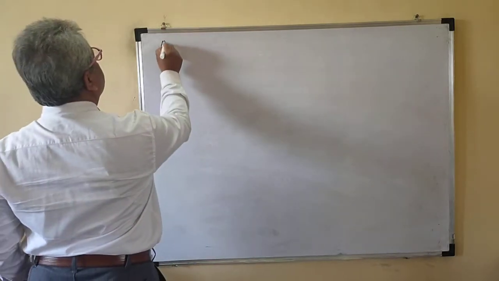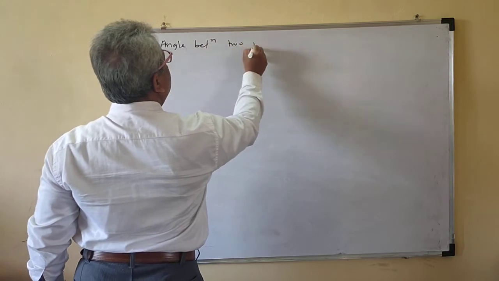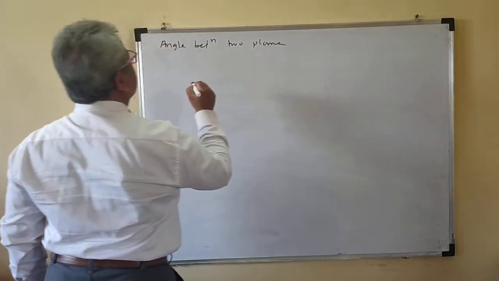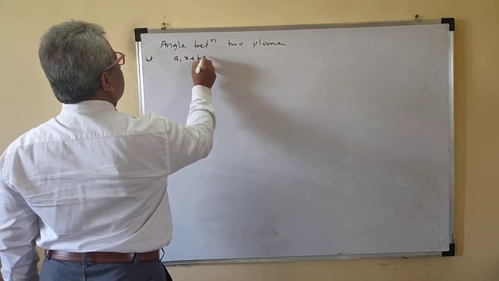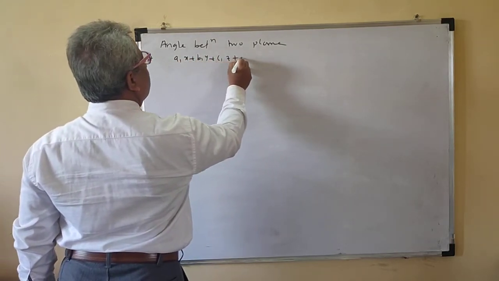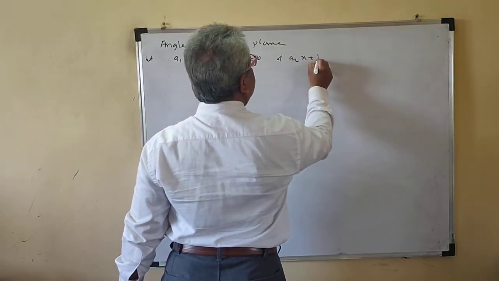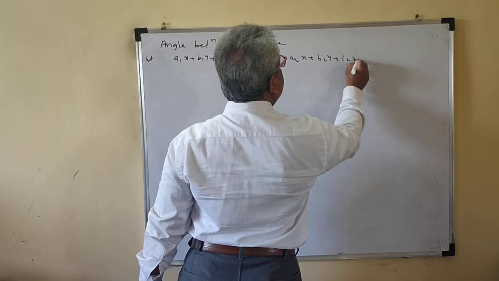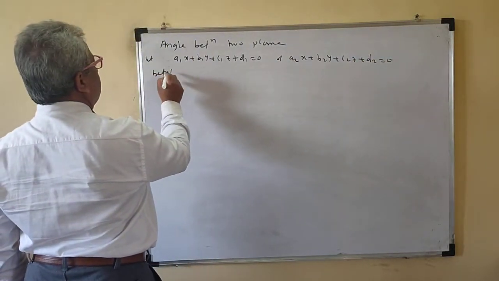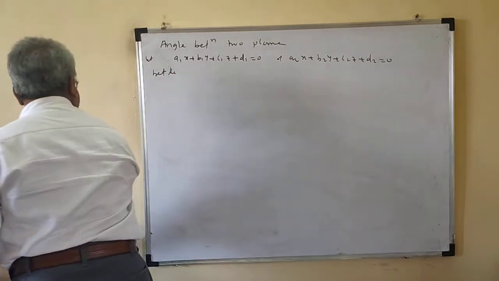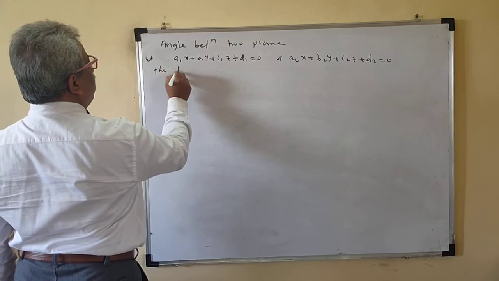Angle between two planes. Let A1x plus B1y plus C1z plus D1 is equal to 0 and A2x plus B2y plus C2z plus D2 is equal to 0 be the two planes.